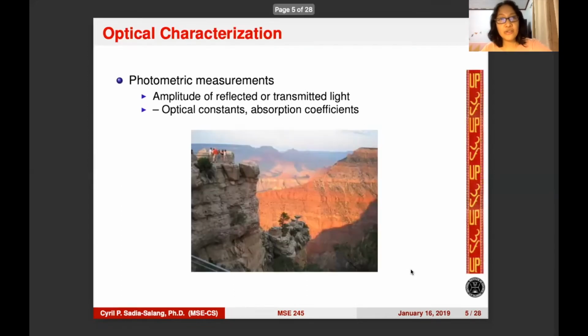Let's draw our attention to the photometric measurement. We are concerned here with the amplitude of the reflected or transmitted light. The factors that come into play are the optical constants such as the refractive index and the absorption coefficient. The photo shows a picturesque view of the Grand Canyon.